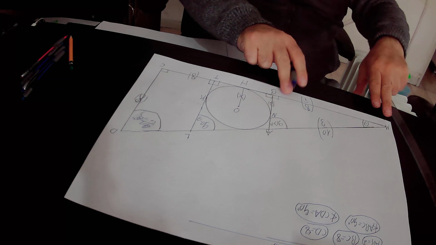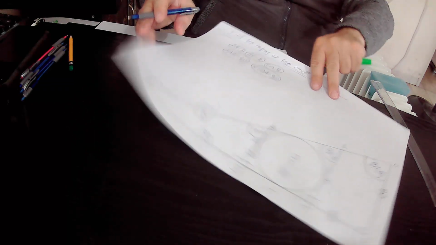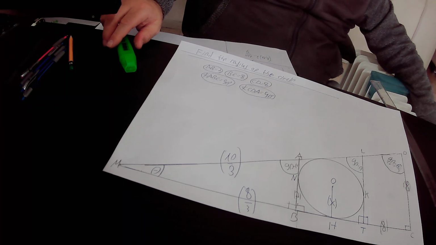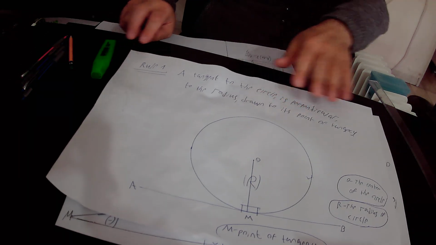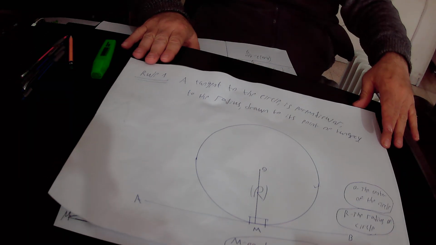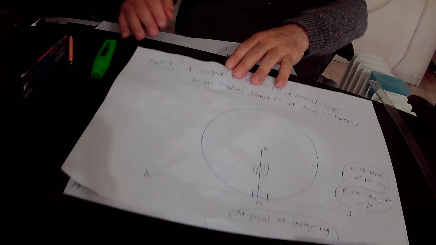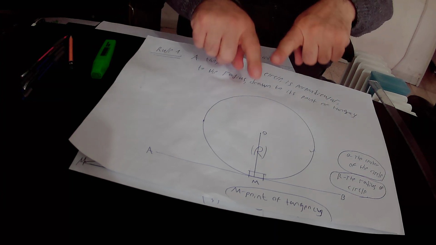Here we can implement rule 1. I'll repeat quickly rule 1. According to rule 1, a tangent to the circle is perpendicular to the radius drawn to its point of tangency. In the drawing we have a circle and we have tangent AB.